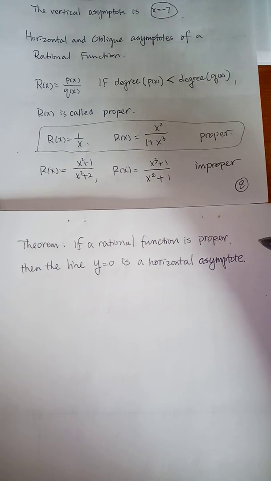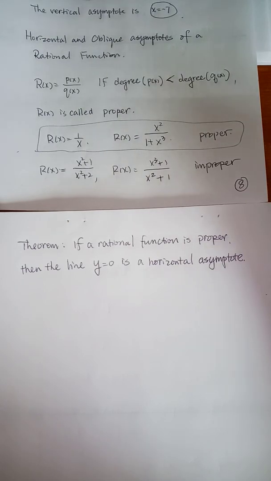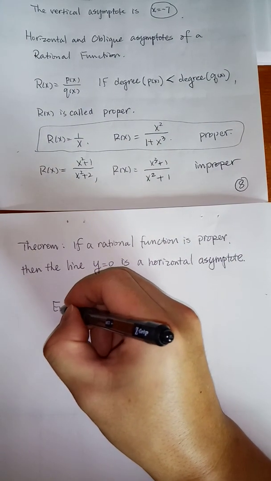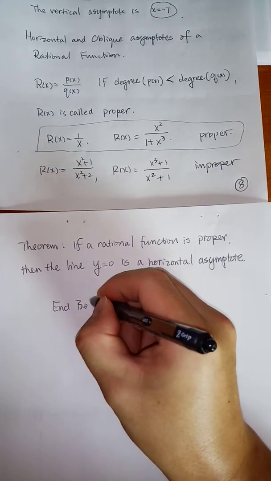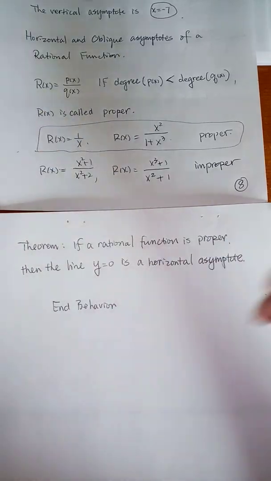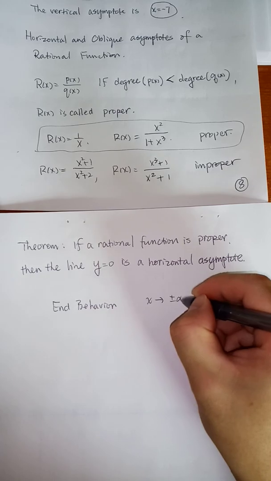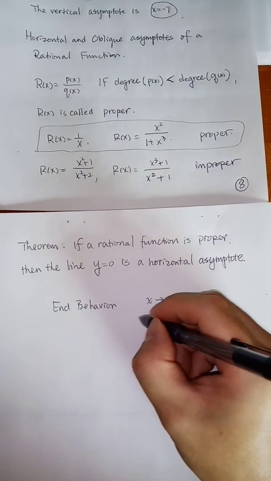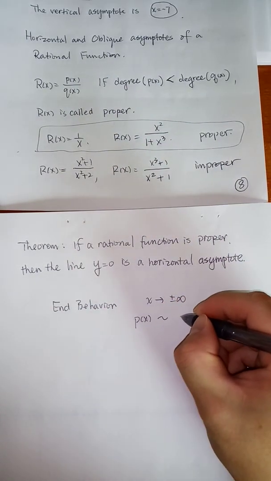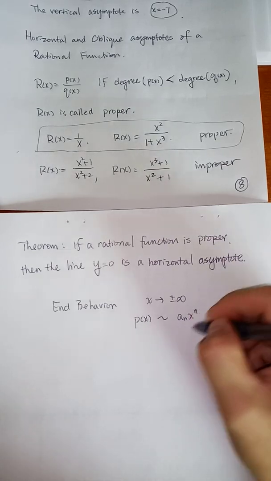Why do we have this theorem? Remember, when we sketch the graph, we have the end behavior. End behavior of a polynomial means when x is very large, negative or positive infinity, the polynomial is almost the first term.